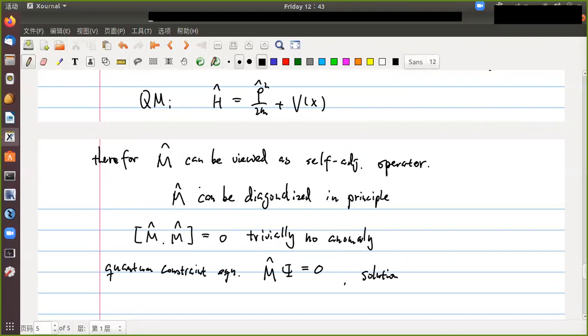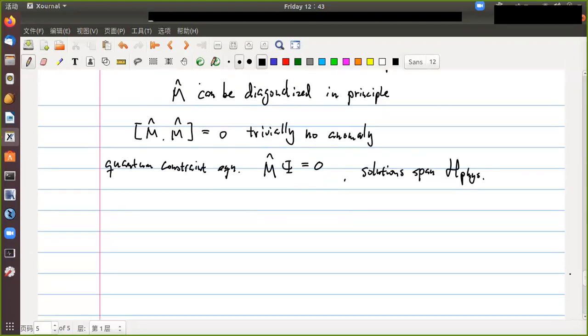So the solutions span the physical Hilbert space. But this physical Hilbert space is just the eigenspace of the master constraint with zero eigenvalue.